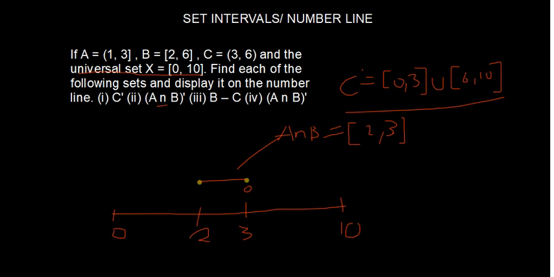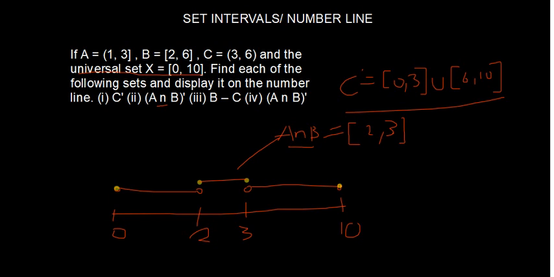It's not going to be shaded because we know 3 is part of what is inside A intersection B. So the complement is not going to be part of it, and therefore it's going to be empty inside. Then 10, we're going to shade inside. 2 is also part of A intersection B, so it's not going to be part of its complement. But we know 0 is part of the inverse, so we shade the endpoint at this point.